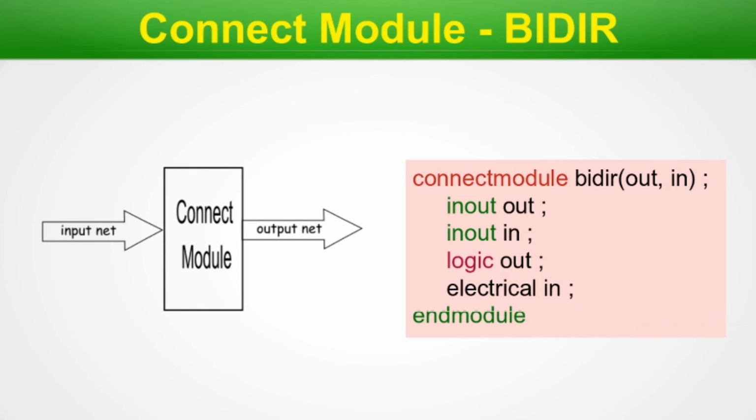Here in this case, the signal can go from any direction to the other, provided we are connecting the input port on the analog side and the output port on the digital side. But the signal can travel from either side to the other side. So this is a connect module which can be inserted, or it is automatically inserted. It depends on the simulator for a mixed signal structure.